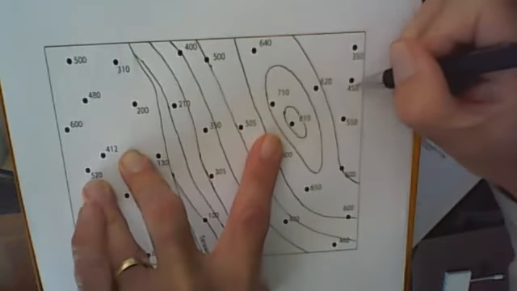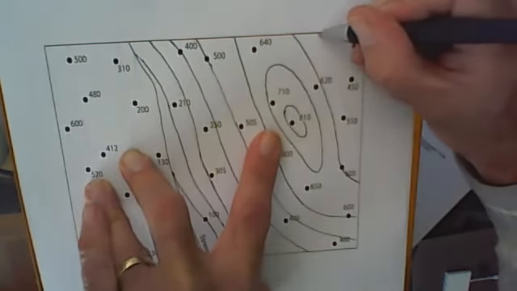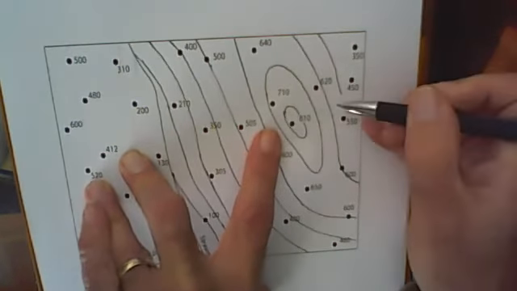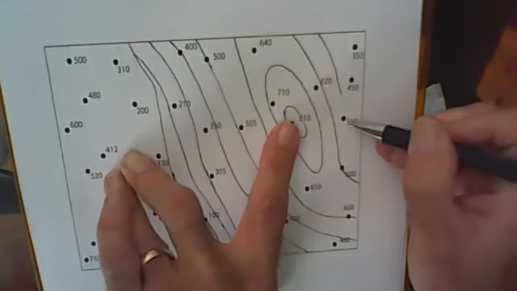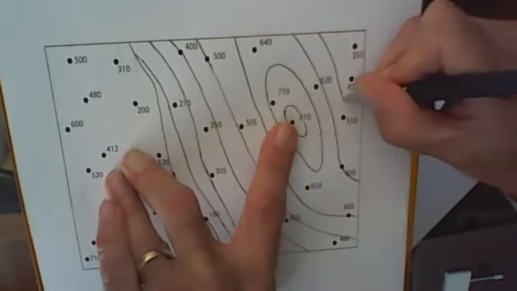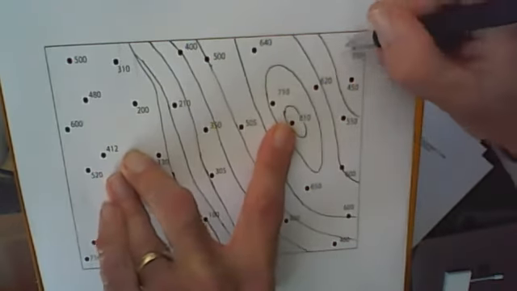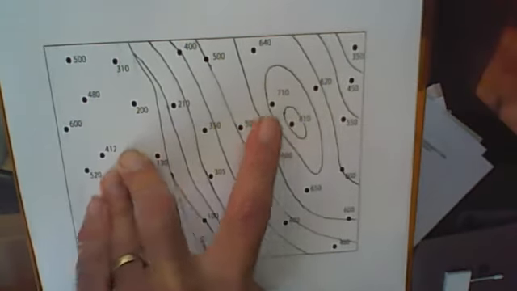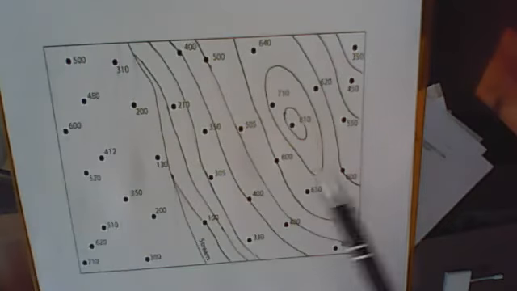Then we have 500, so it goes between these two. Again, it's higher on the left now and lower on the right, so the 550 is going to be to the left of that line. And then finally 400. So now we have completed the right side of the topographic map.